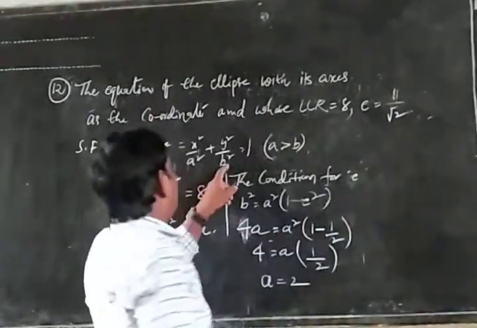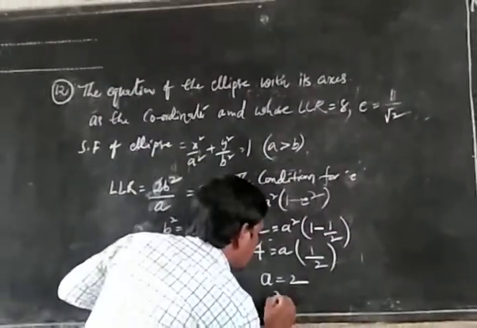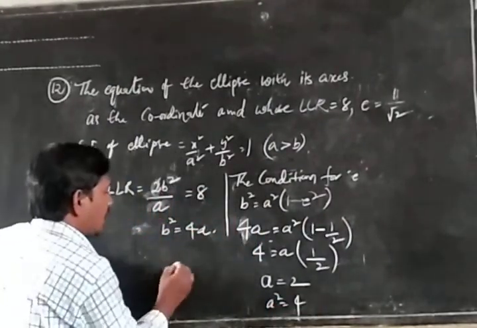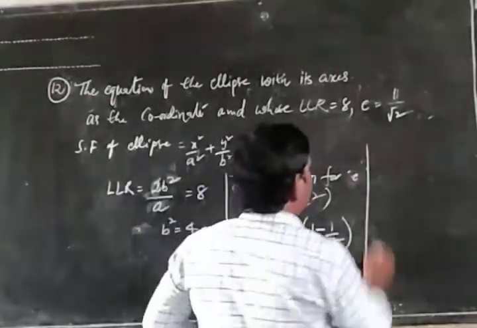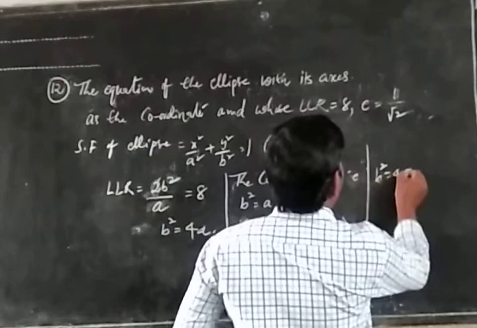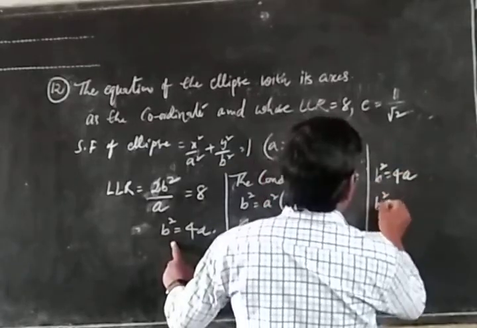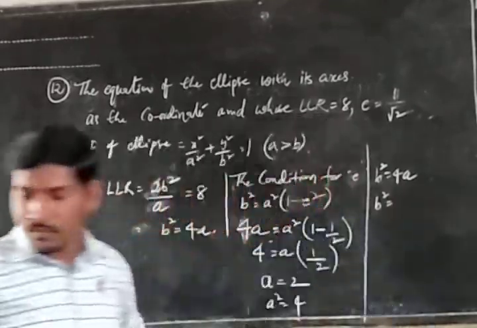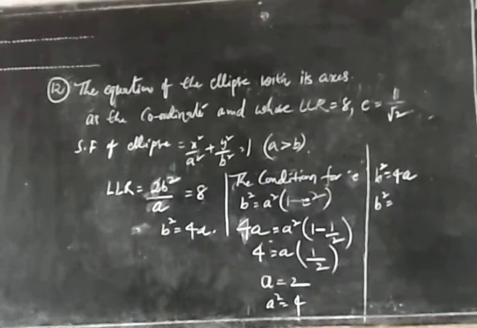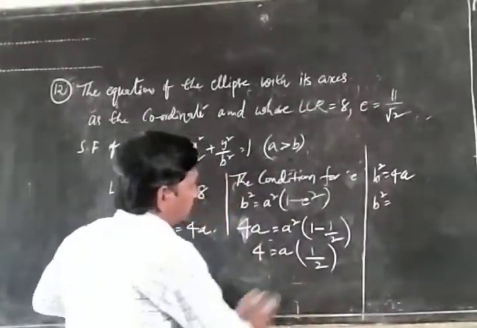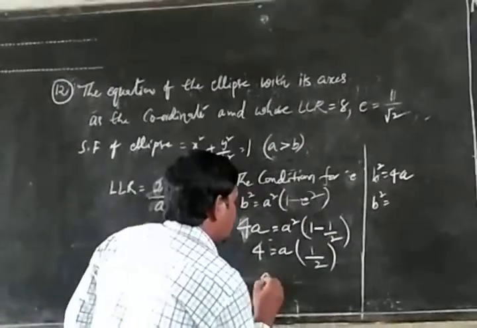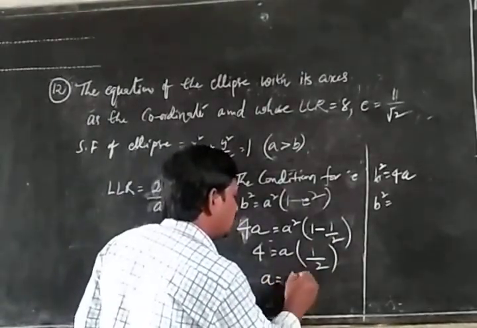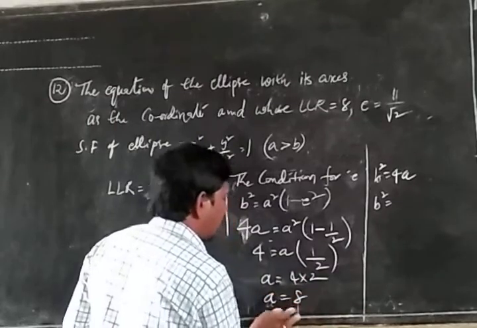We have to calculate a square and b square. Here a equal to 4 twos are 8. Sorry, a equal to 8.